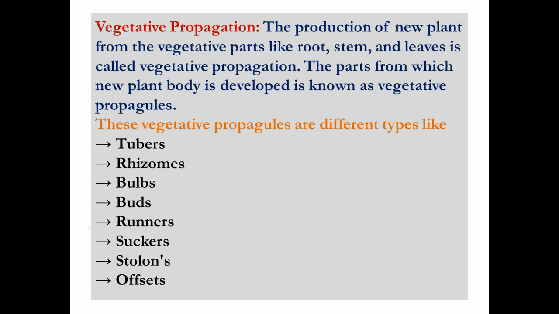Now what exactly is vegetative propagation? Students, vegetative propagation refers to the production of new plants from the vegetative parts like roots, stems, leaves.